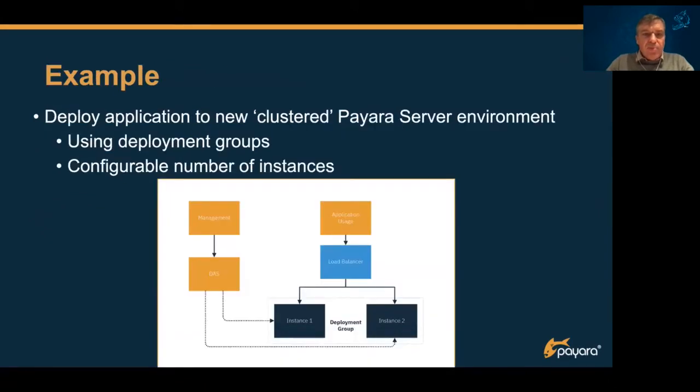And as the example, I'm going to take here the Payara clustering, for instance. You have the domain server, and then the actual application is deployed on two separate instances, which are running within a deployment group. That is a type of cluster that we have. There should be a load balancer in front so that your end user can access your application.